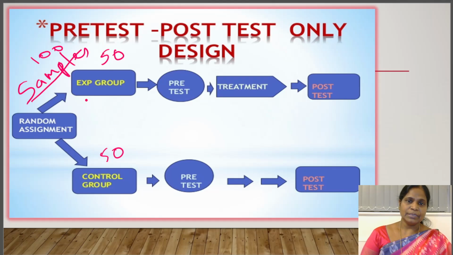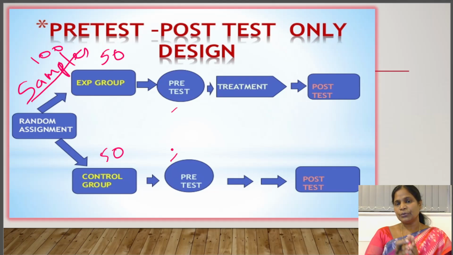So what happens here? Pre-test is conducted before the treatment, for both the experimental group as well as the control group. In the experimental group, treatment is given, and after the treatment, the post-test is conducted.